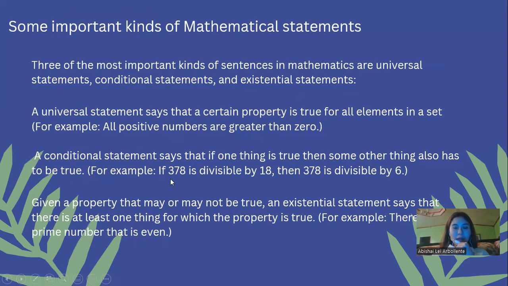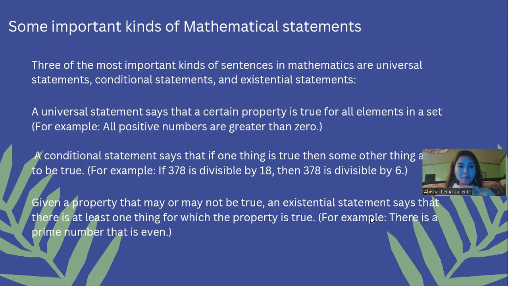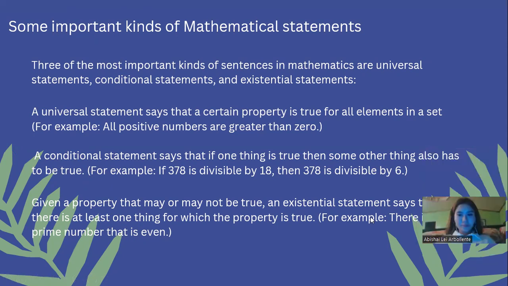For example, if 378 is divisible by 18, then 378 is divisible by 6. Given a property that may or may not be true, an existential statement says that there is at least one thing for which the property is true. For example, there is a prime number that is even.